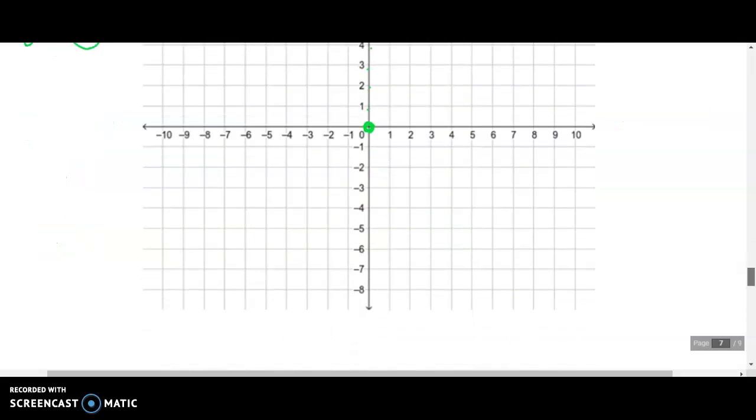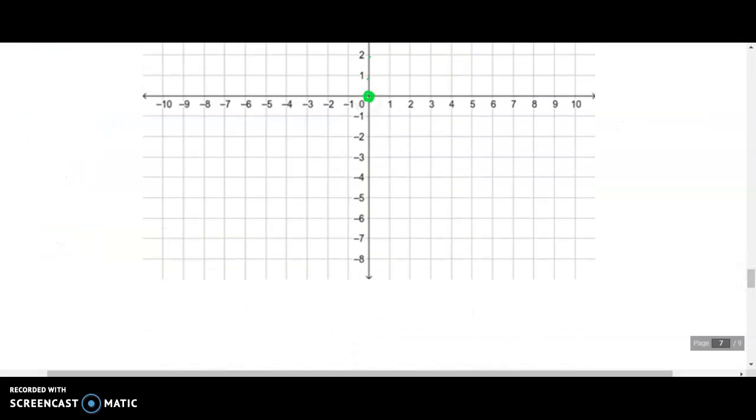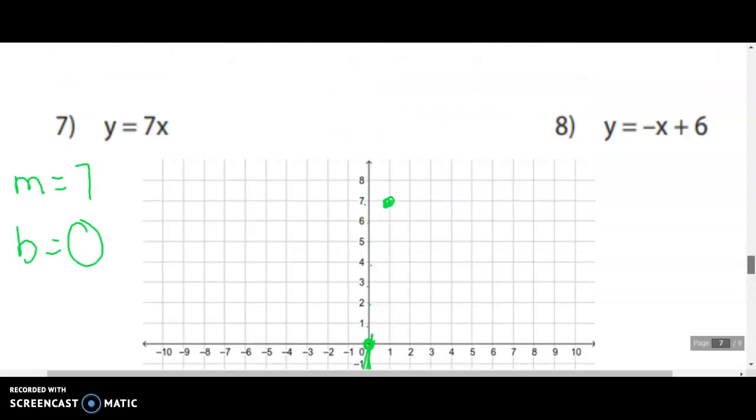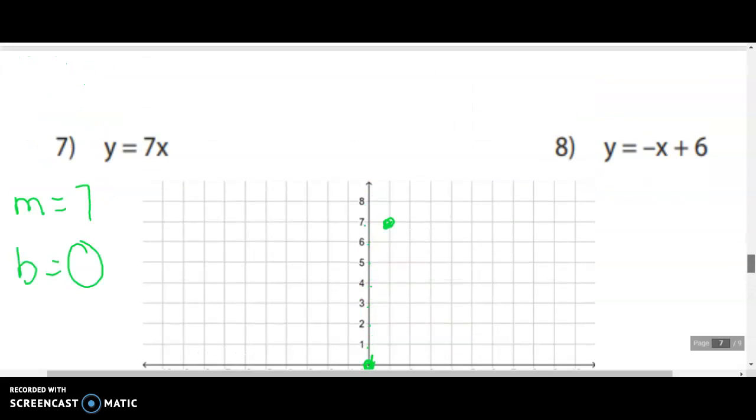Or we could also go backward, down 1, 2, 3, 4, 5, 6, 7, backward 1, because that's negative 7 over negative 1, which is positive. And now I have my line, and now I just graph that.